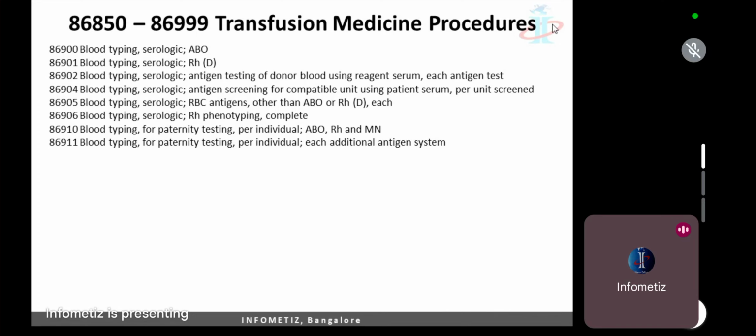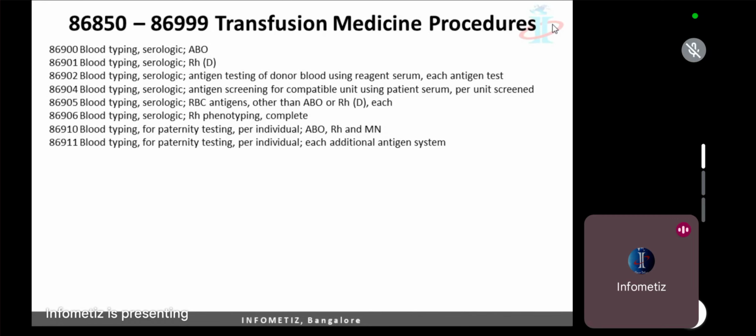So, which code did I tell you? 87205. Smear, primary source with interpretation, Gram or Giemsa stain for bacteria, fungi, or cell type. Similar code we have 87210.